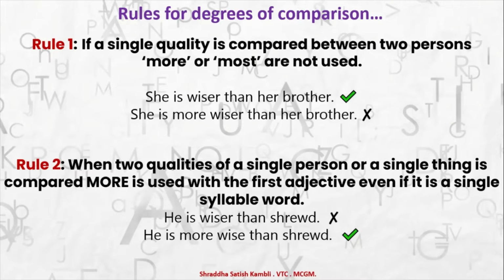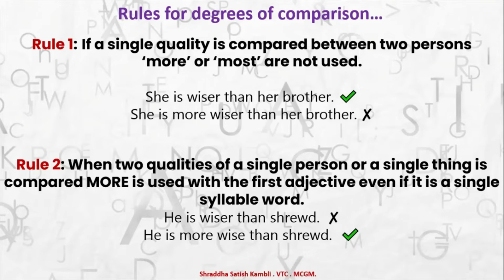So what are we going to do then? We will use more. For example, we will say he is more shrewd than wise, or he is more wise than shrewd. So there is no doubt that he is shrewd, but at the same time he is wise, and this quality of wiseness exceeds the quality of shrewdness. So he is more wise than shrewd.